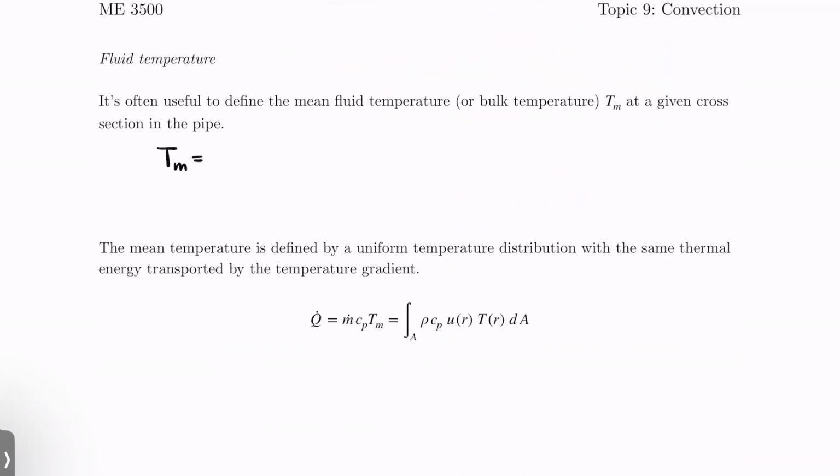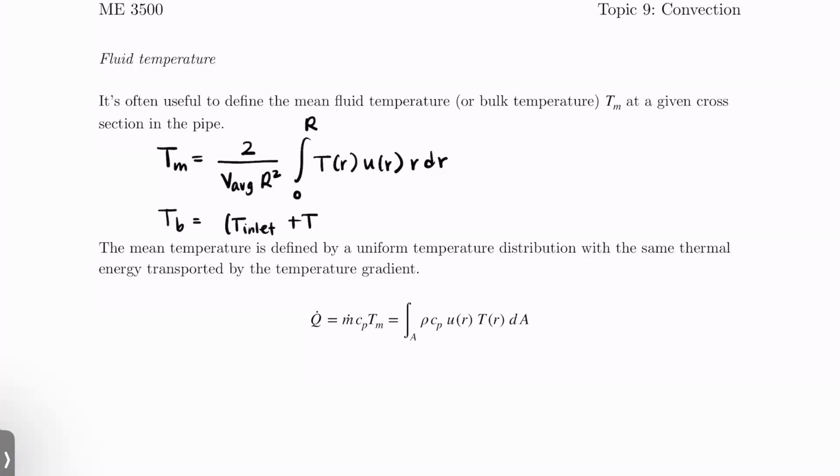We would take 2 divided by the average velocity times the radius of the pipe squared, times the integral from 0 to R of the temperature profile, which depends on the radius, times the velocity, which also depends on the radius, R dr. And then we can also define a bulk temperature, which is just the temperature at the inlet plus the temperature at the outlet divided by 2.